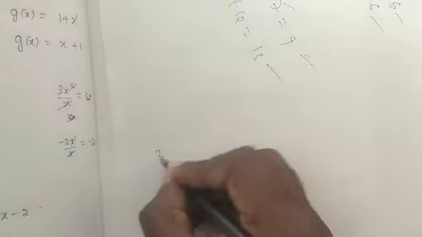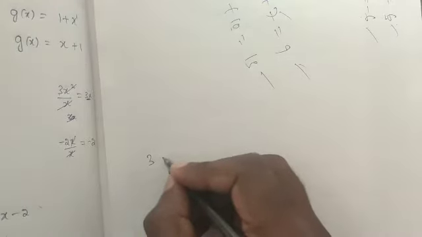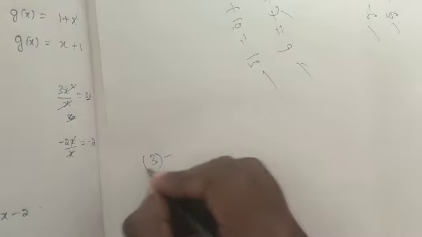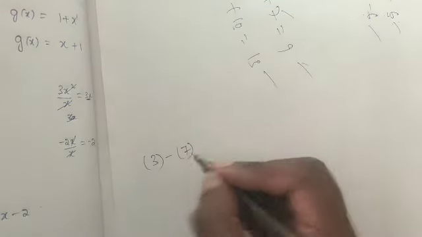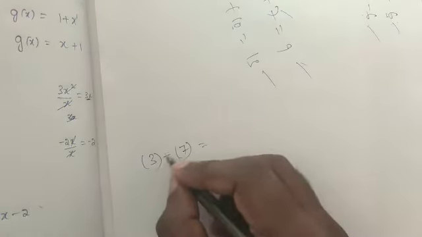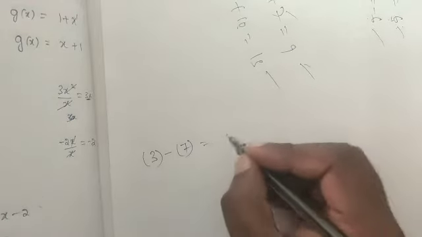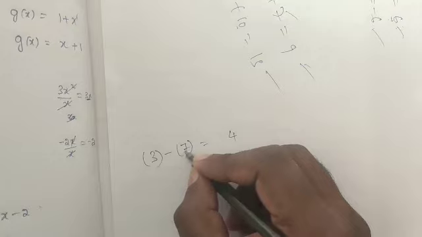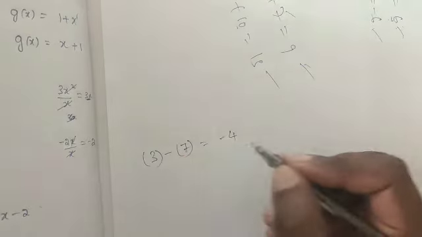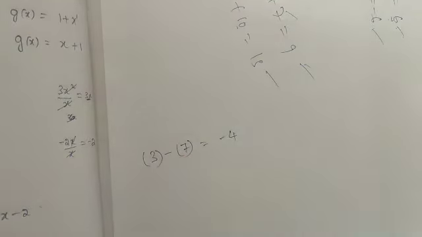I'll take 3, an integer, and subtract another integer 7. Both are positive integers. Operation is subtraction, 3 minus 7. What is the answer? 7 is the highest number and before the 7 there is a negative sign, so it is negative.